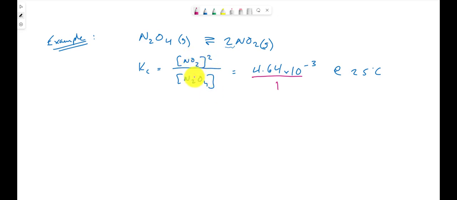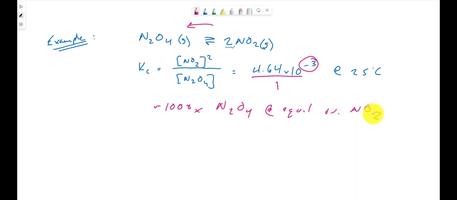And so the ratio at equilibrium is that there's roughly 1,000 times more of the reactant than there is of the product. If we were to evaluate whether this is reactant favored or product favored at equilibrium, we would conclude that this is heavily reactant favored because of the size of this number. There's about 1,000 times more N2O4 at equilibrium than there is NO2. That's what this is telling us.